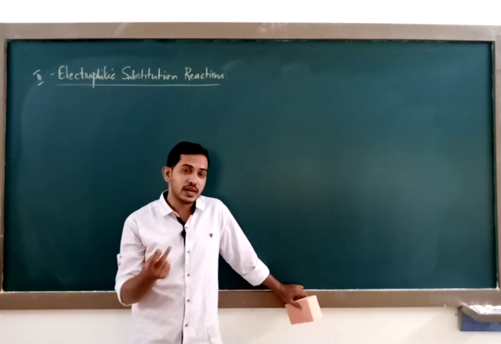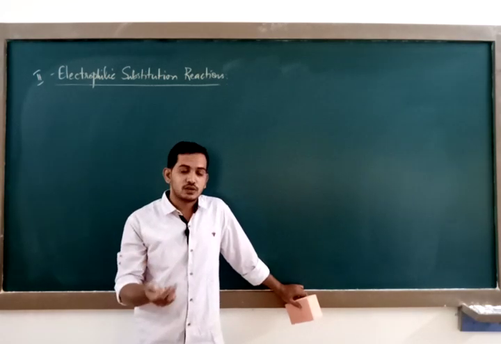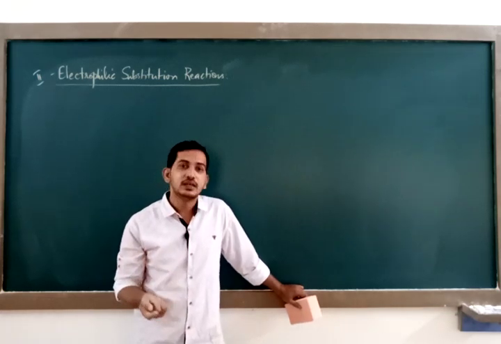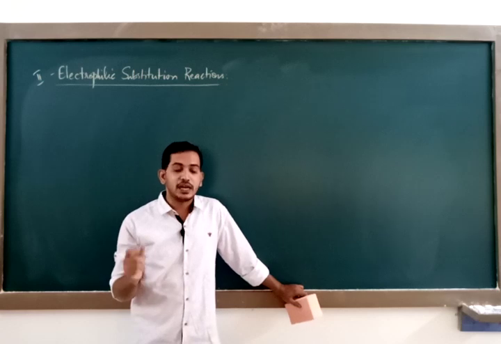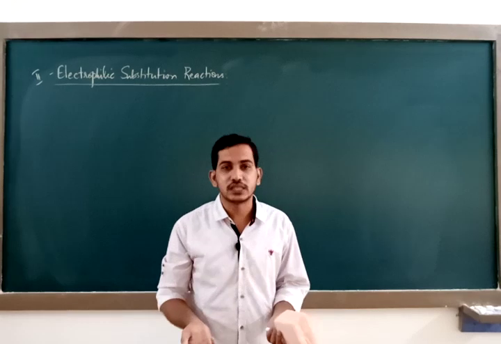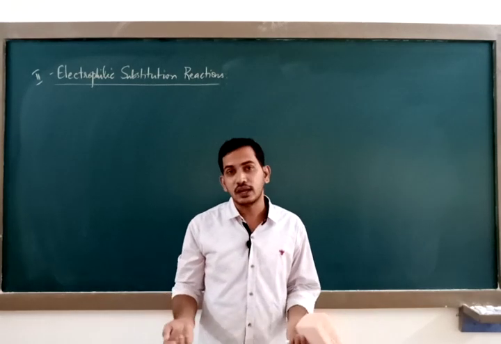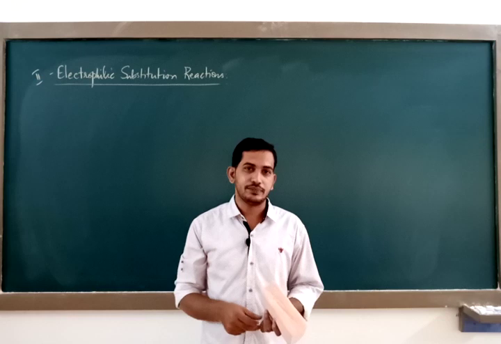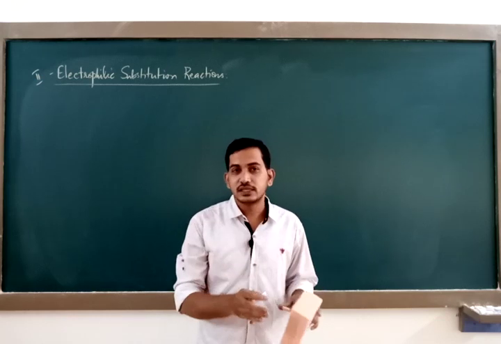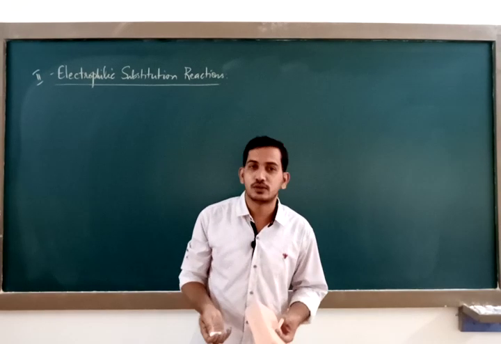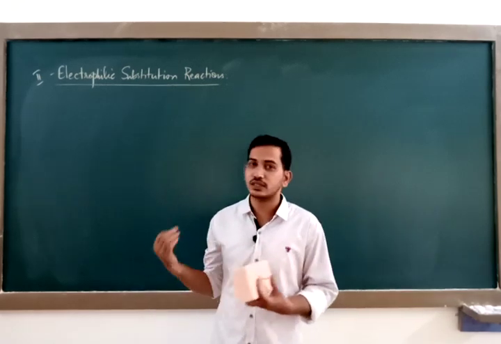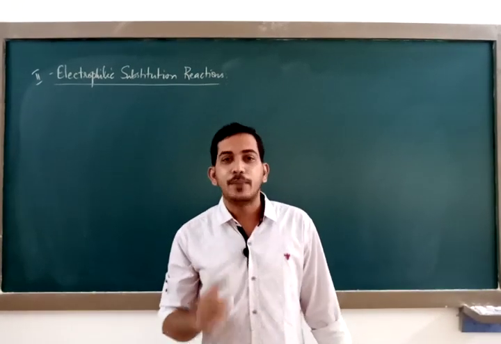Means these two positions will have more number of electrons, or electron density is more at ortho and para positions. This means whenever an electrophile is what? It is simply a species which is positively charged or which is neutral, but it is electron deficient. So electron deficient species are likely to attack those places where there is surplus of electrons, where there is excess of electrons. And where is excess of electrons in this chlorobenzene? At ortho and para positions.